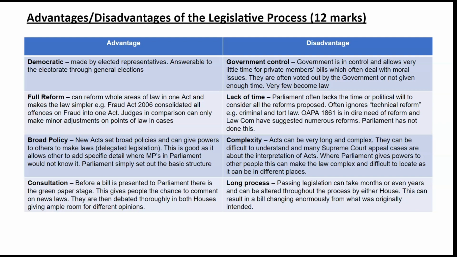The problem with all of that, moving across to the disadvantage, is that it's a really long process. Passing legislation can take months, even years in some instances, and the bill can be altered throughout the entire process. So what you end up with might be very different to what was originally intended, once you go through all the amendments and stages, going through the House of Lords, etc. This process isn't great for times when you need emergency law put through.